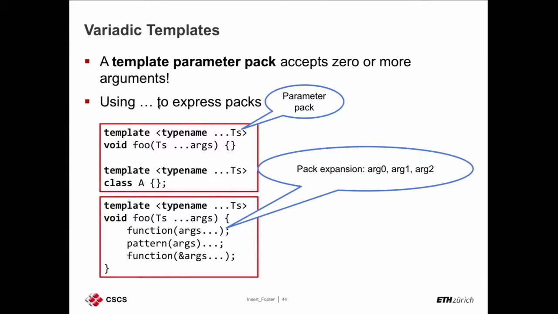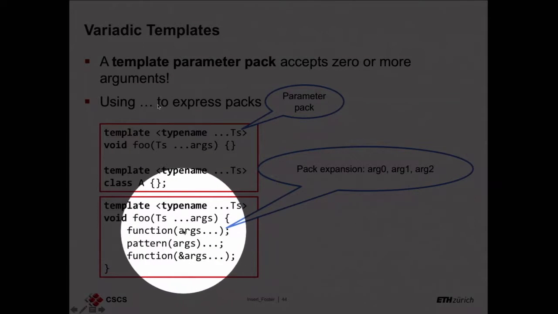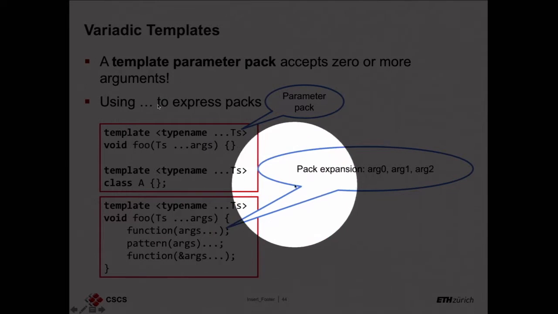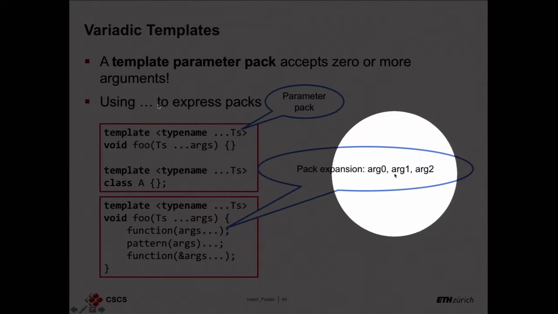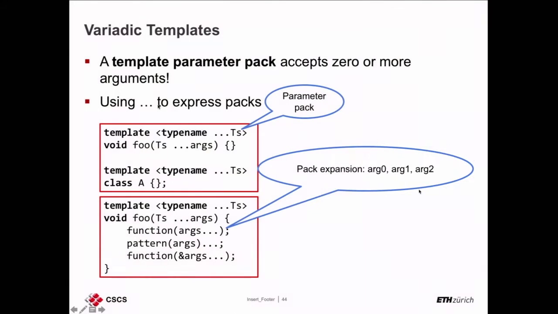Even in errors, when the compiler gives you some error messages, it will say pack expansion cannot happen. So this is the official term, let's say. So this parameter pack expansion, args..., will turn into something like arg0, arg1, arg2, if there are 3 arguments. So basically, it will add a comma in between the different args.